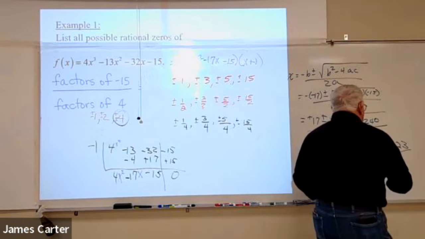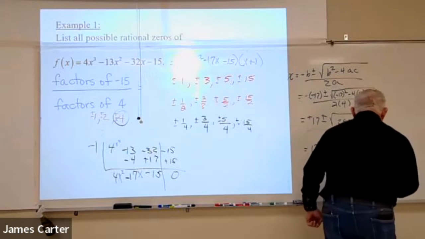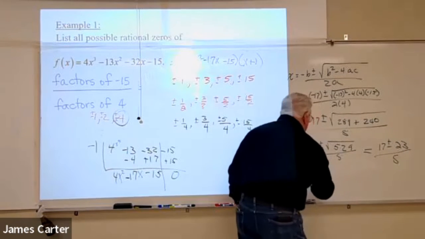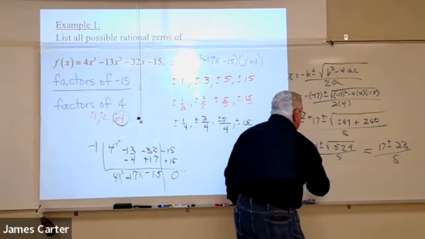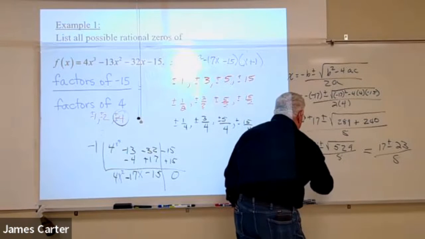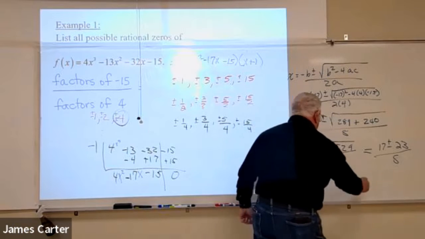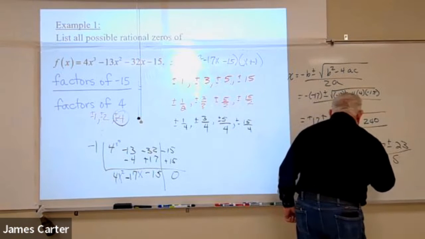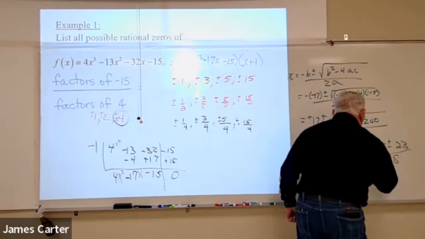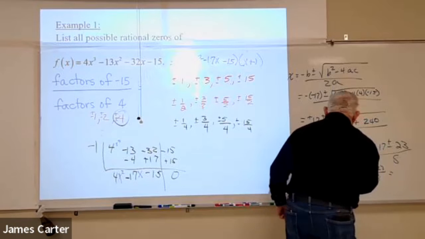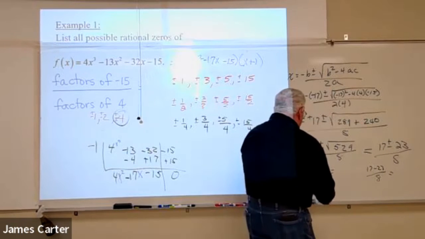Okay, this generates two answers. It generates the positive side and the negative side. 17 plus 23 over 8. And then it also generates 17 minus 23 over 8 equals. So you do these two.